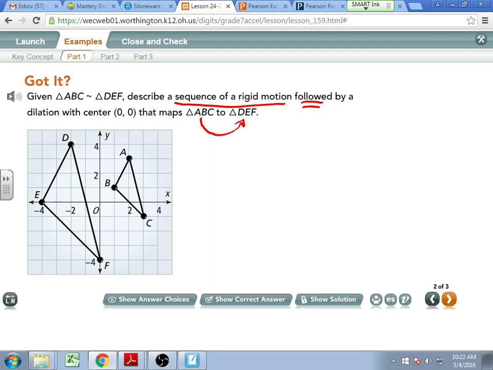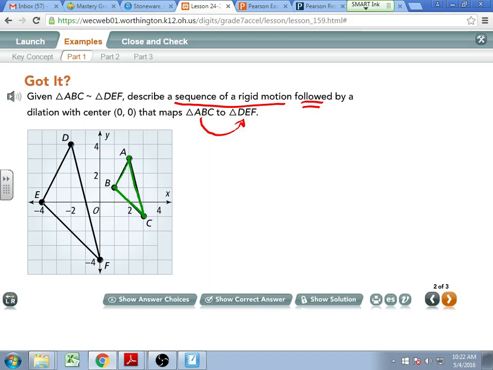This is when I love the smart board. Where should we move? What point is a good indicator or a good working point?